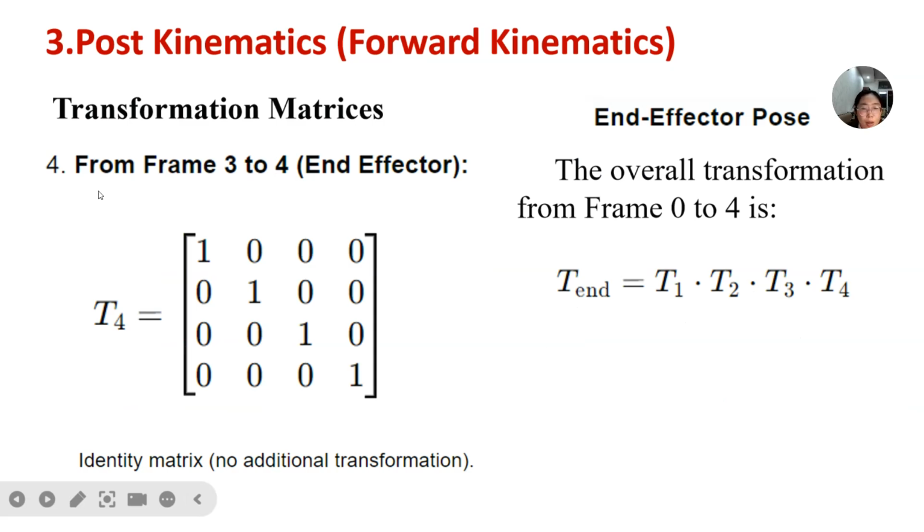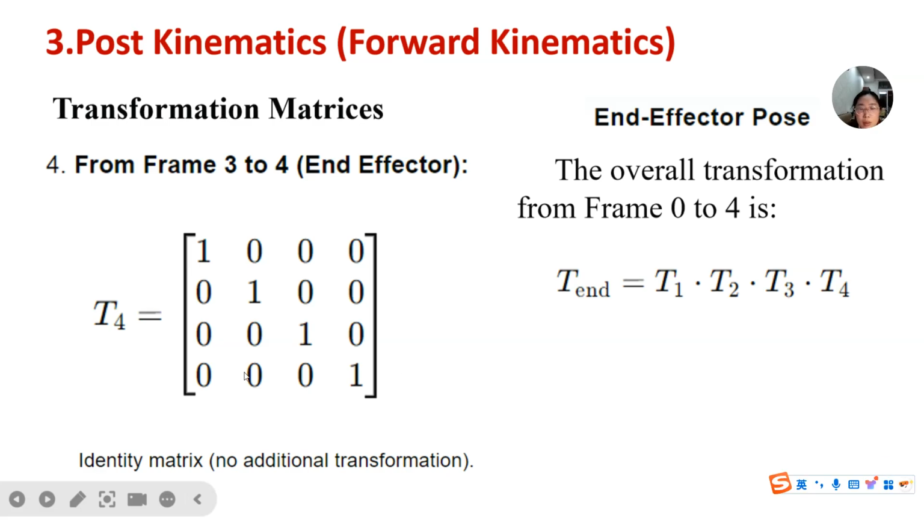Number 4, from frame 3 to 4, is the end effector. T4 equals 1, 0, 0, 0; 0, 1, 0, 0; 0, 0, 1, 0; 0, 0, 0, 1.